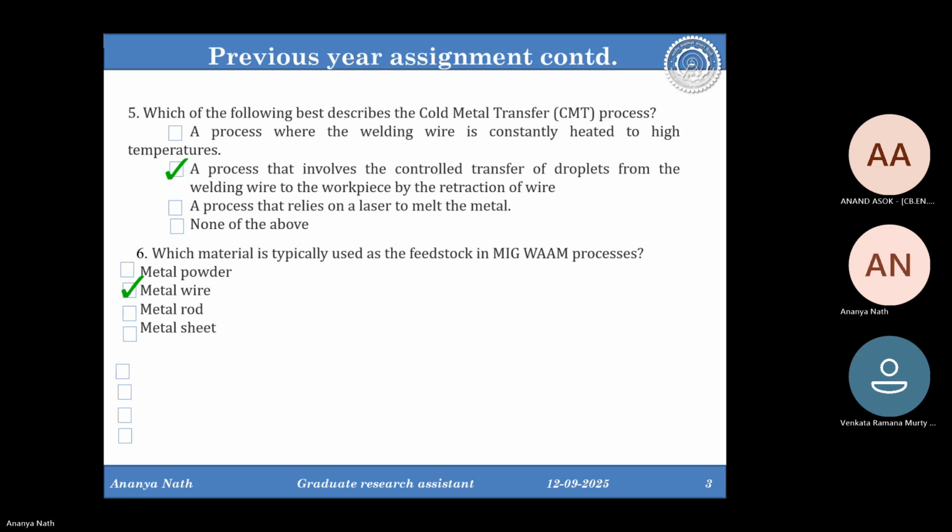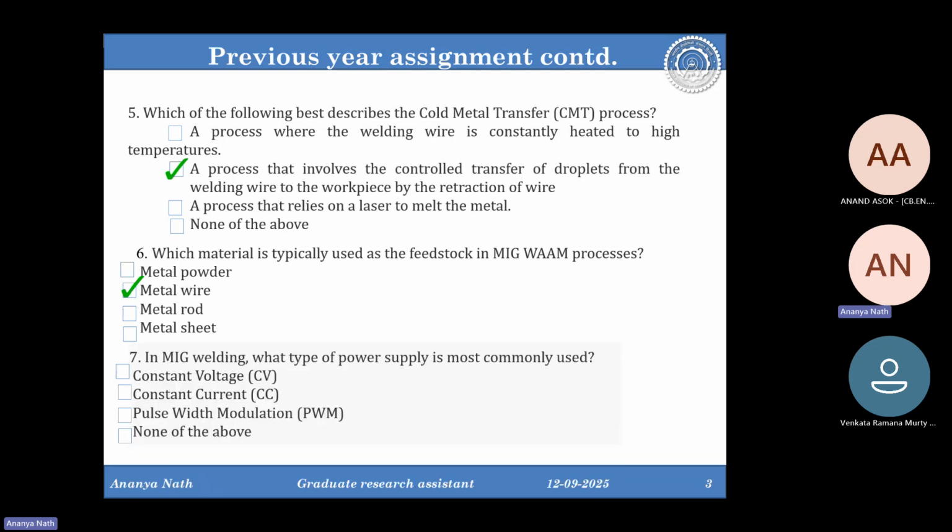Cool. So here is our next question. In MIG welding, what type of power supply is mostly used? Constant voltage. So in case of MIG, it's constant voltage. In case of TIG, we are controlling the current.